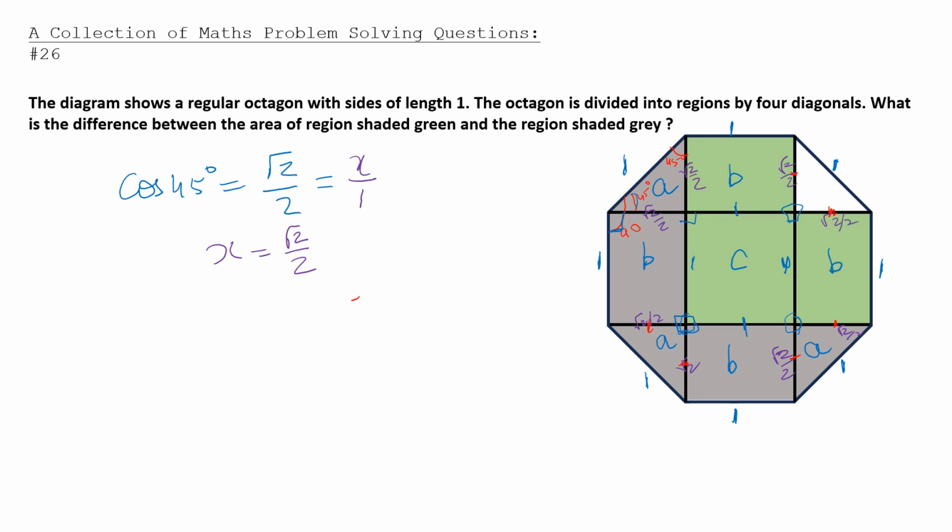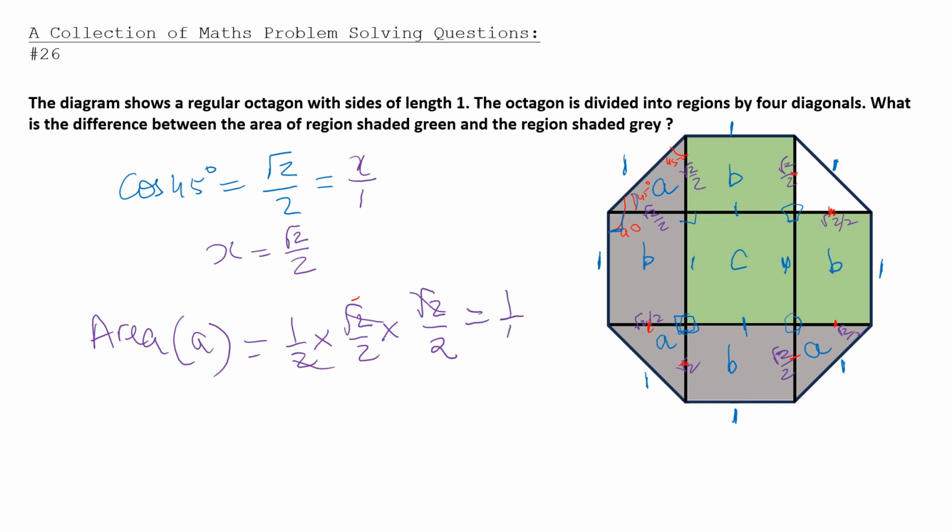So the area of A, the triangle. Area A is half times base times height, so that is 1 out of 4.